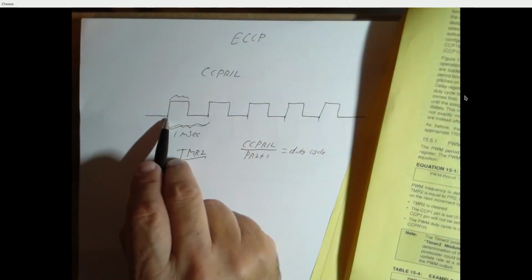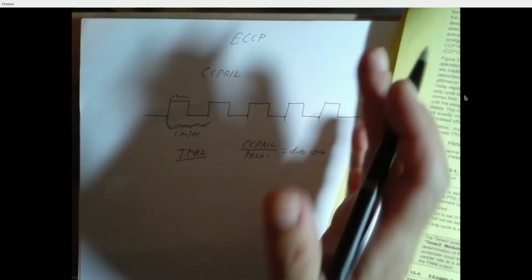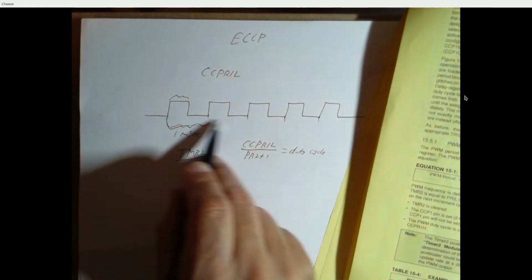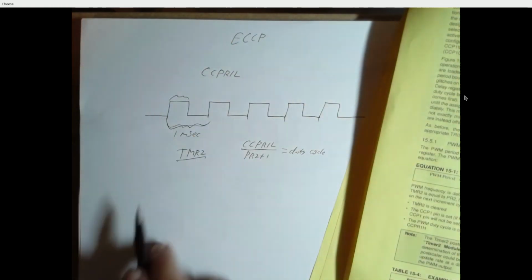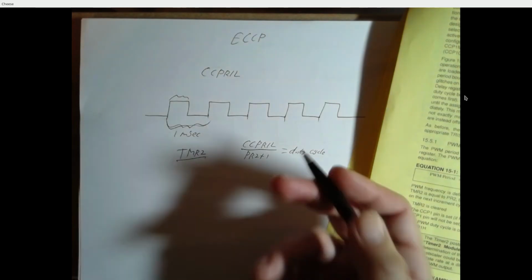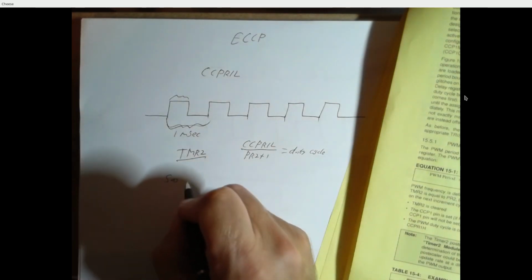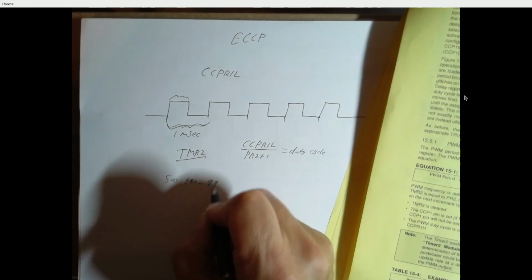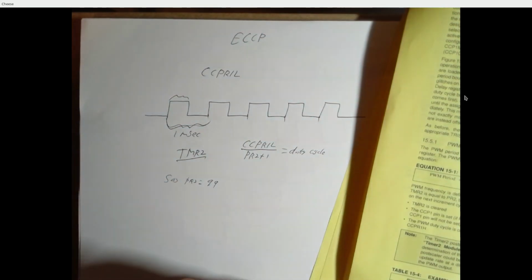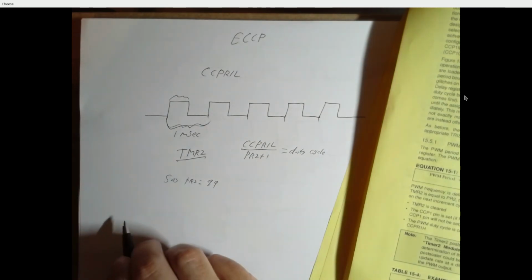So let's say we want a 1 millisecond period from a rising edge to a rising edge, and we figure out the value of PR2. Let's just say PR2 equals 99. Hypothetically, this is what they use in the lab.